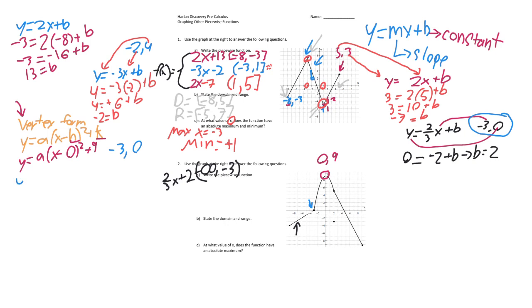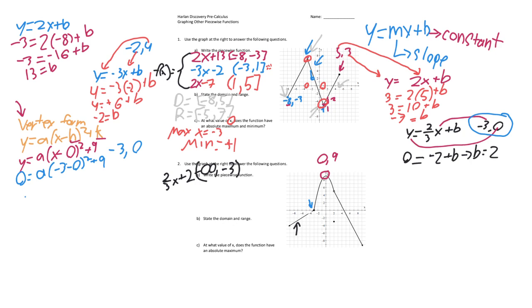That 0 replaces my y. So 0 is equal to a times x minus, but x is being replaced by -3 minus that 0 squared plus that 9.